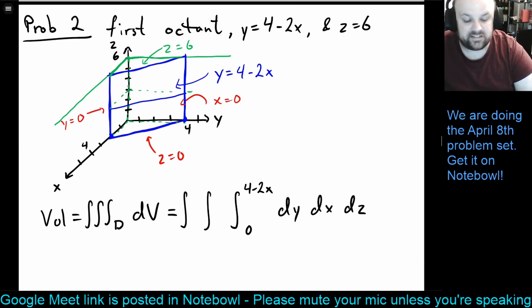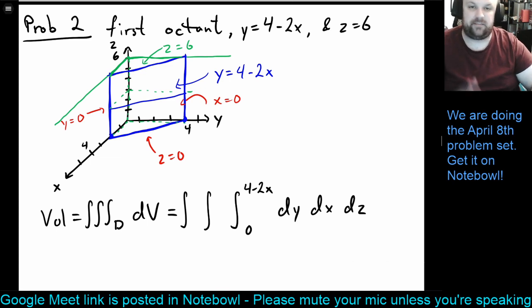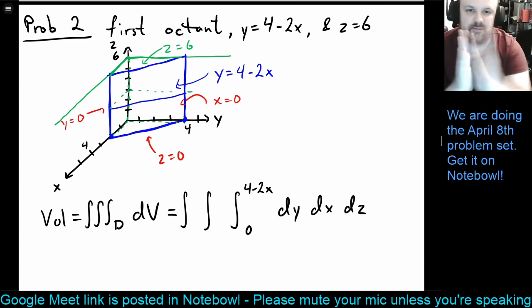What we're integrating over for these two is the shadow of this shape in the XY plane. Or sorry, in this case, the XZ plane. So we want to take this shape and squish it into the XZ plane and see what happens.